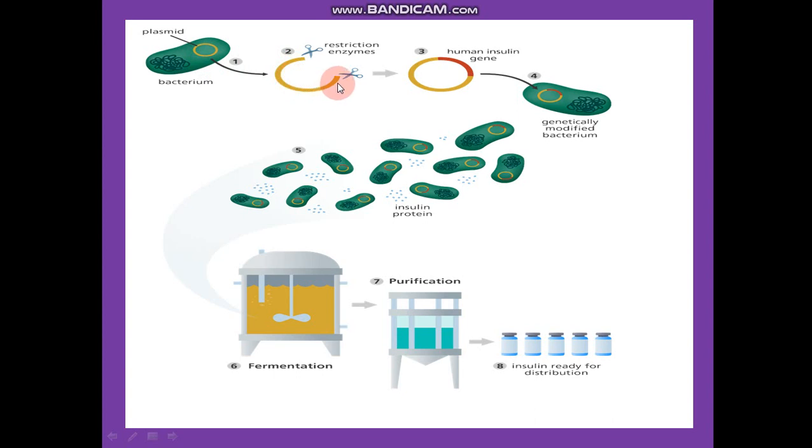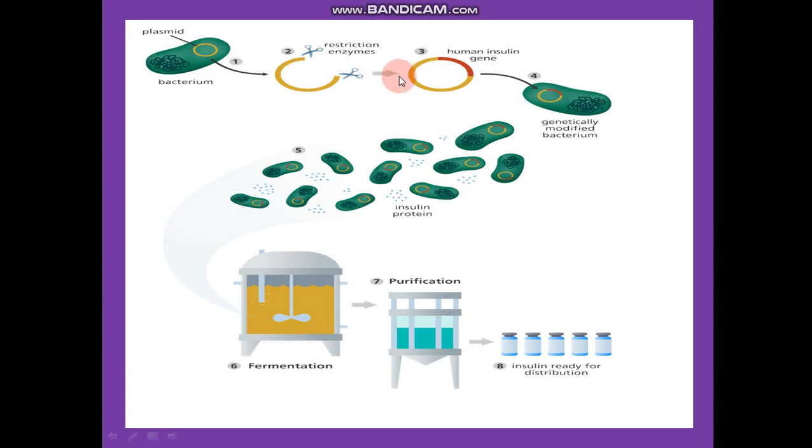The plasmid is being cut at two places by using restriction enzymes. These restriction enzymes are important because they are molecular scissors, which will cut at desired sequences in the DNA.